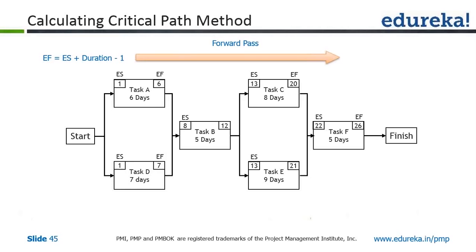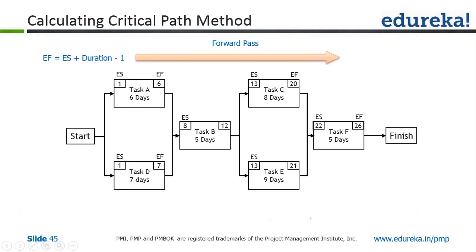You can count it starting on day 1: 1, 2, 3, 4, 5, 6. Task A will get over on day 6. Another way to calculate this is early finish equals early start, that is 1, plus duration, that is 6 days, minus 1. Because we are starting on day 1, we need to do the minus 1.